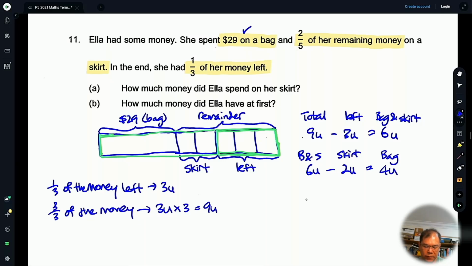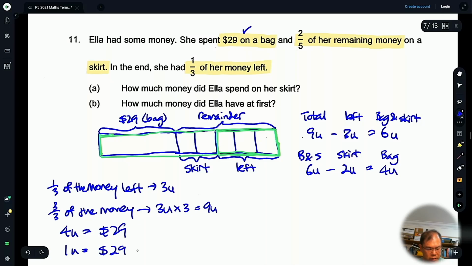So 4 units of money is actually $29, which is what she spent on the bag. Okay, so now you've established that 4 units of money is $29. 1 unit of money is just 29 divided by 4, which is $7.25.